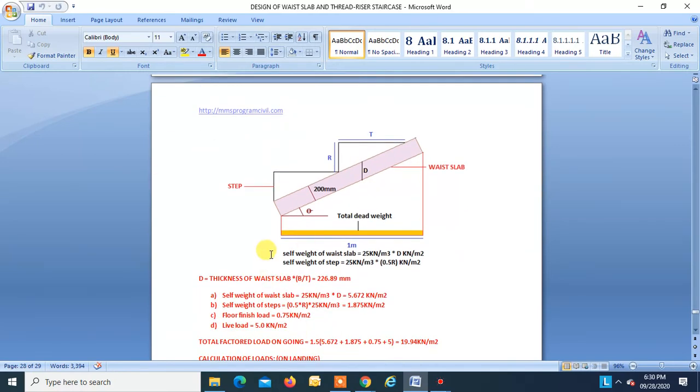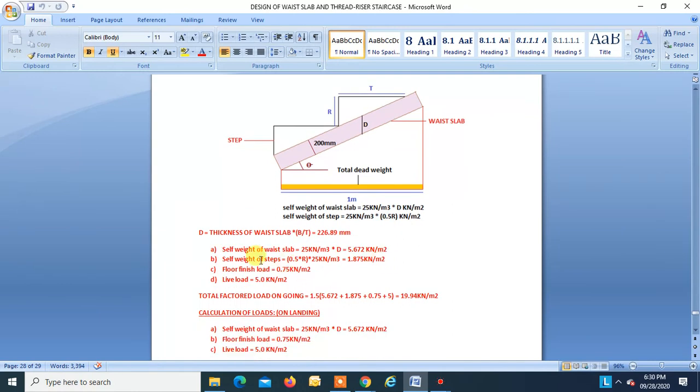So again using the same formula, self weight of waist slab is 25 into D. So D is equal to thickness of waist slab 200 into B by D, that is 226.89. So self weight of slab is 5.672.